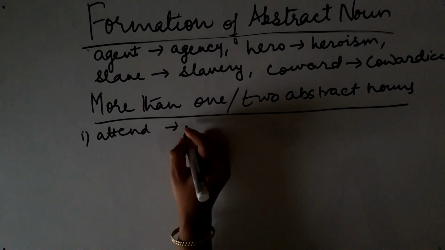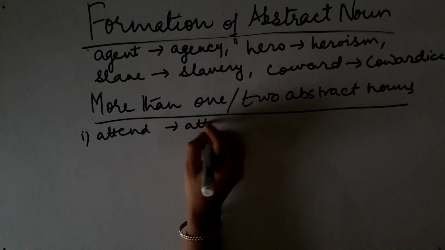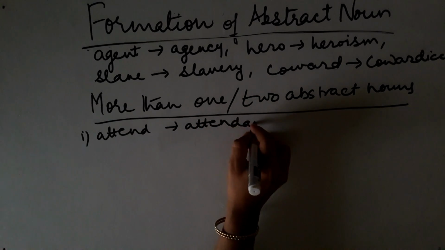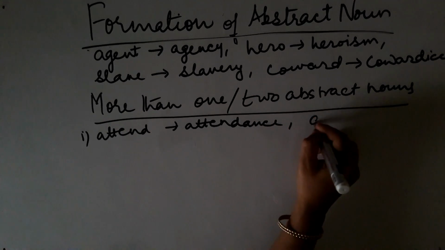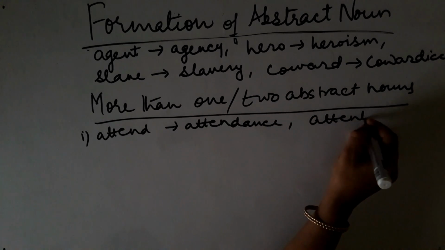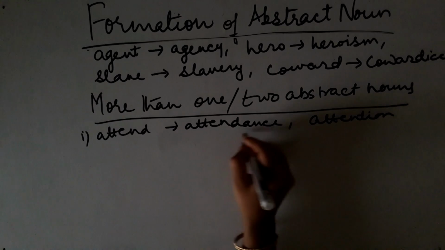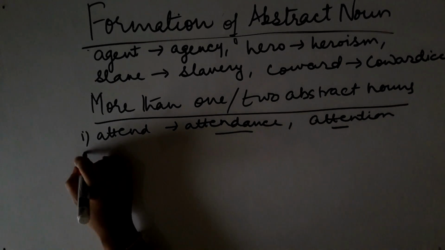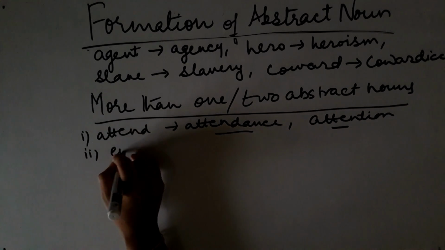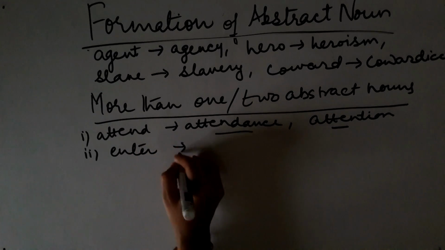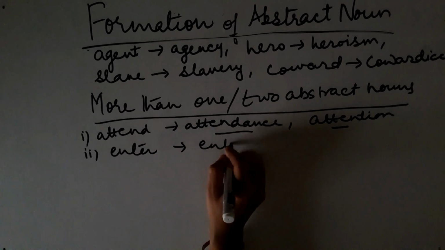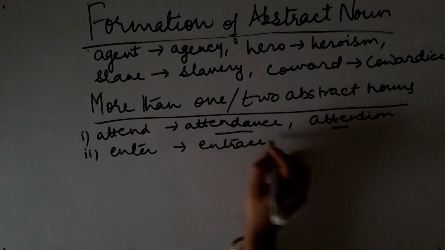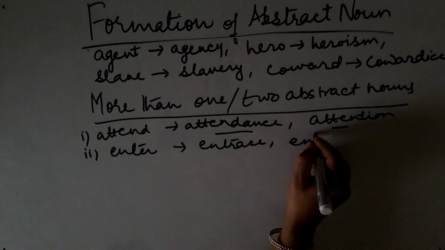It can be made into attendance or attention. Two abstract noun forms are made. One word I have is enter. It can be changed into entrance or entry.